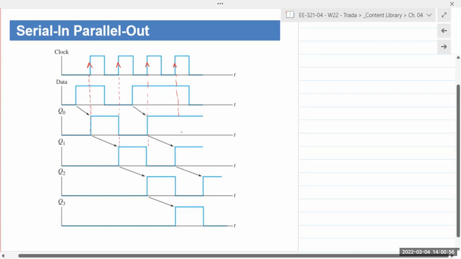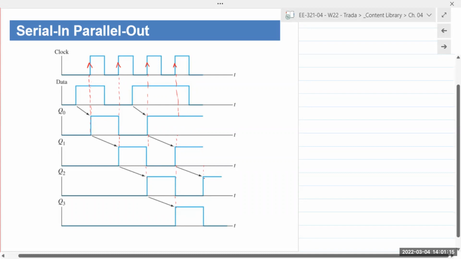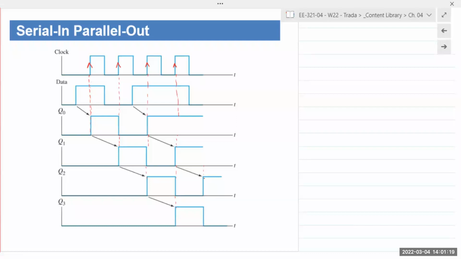For Q1, Q2, and Q3, again, it's only responding to a positive edge transition, and only when the positive edge transition is occurring. And the output Q0 is then connected to D1. So Q0 is connected to D1.